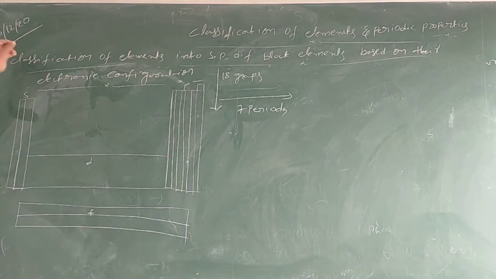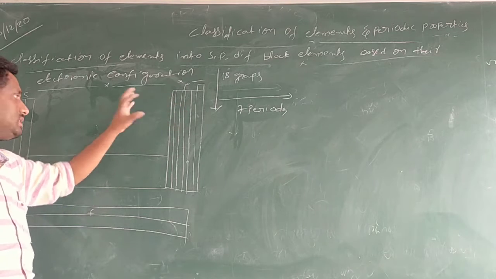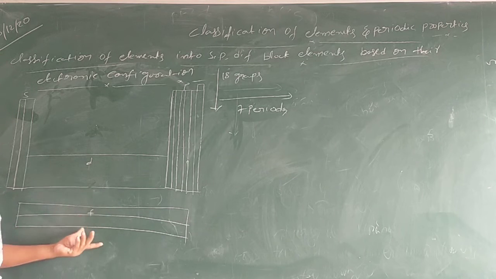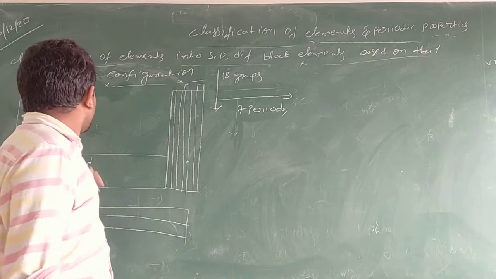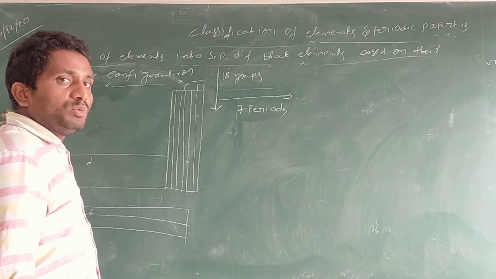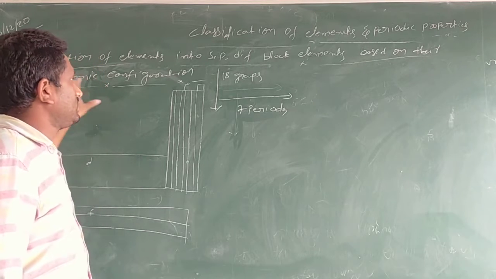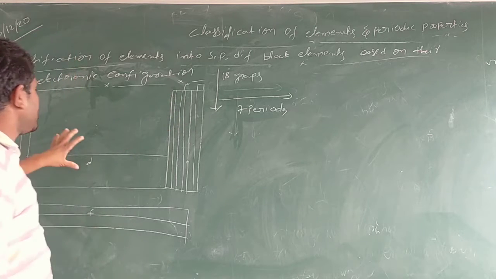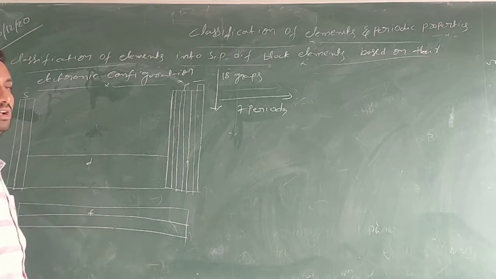First of all, we have to discuss which elements belong to S block, P block, D block, and F block. How many groups are present in S block, P block, D block and F block elements?